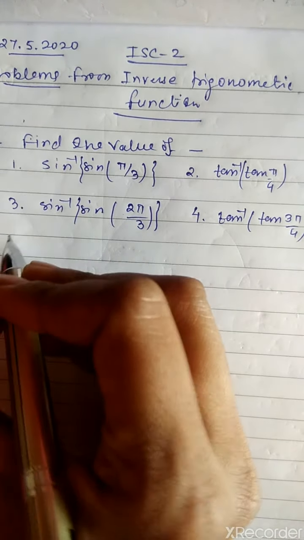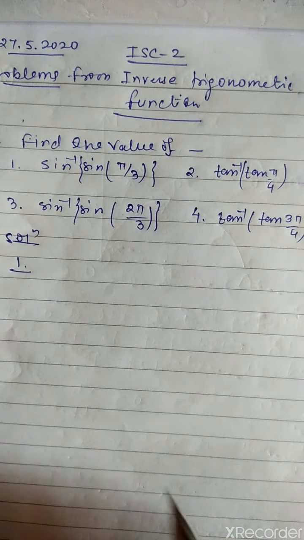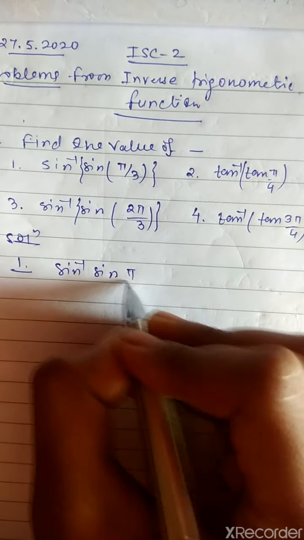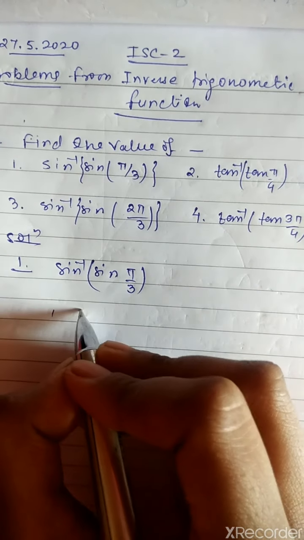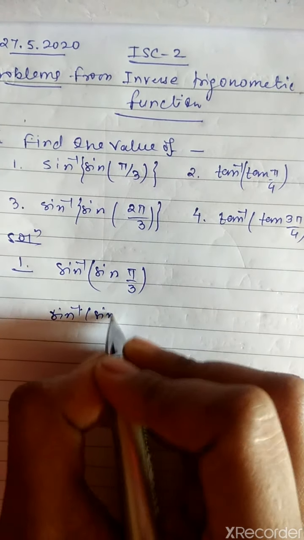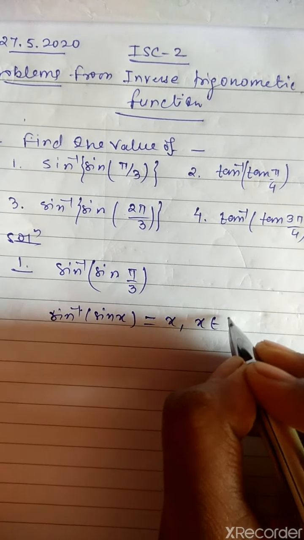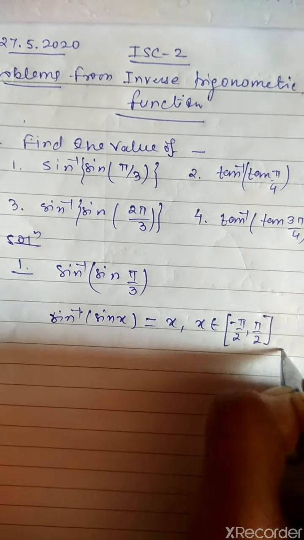Solution of the first one. Here sine inverse sine pi by 3 is given. We all know that in this function, sine inverse of sine x equals x, because x belongs to minus pi by 2 to plus pi by 2.